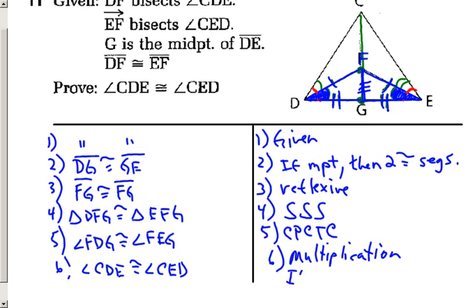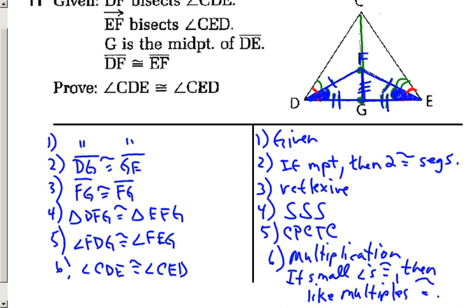I say if small parts or small angles congruent, then like multiples are congruent. So that would be the perfect reason, multiplication. Yeah, that's not usually what we write, but if small angles congruent, then like multiples are going to be congruent. That's a 6-step proof to prove that those big angles are congruent.